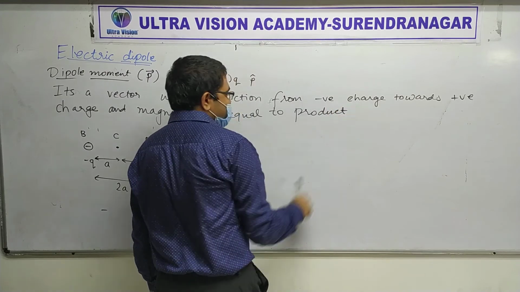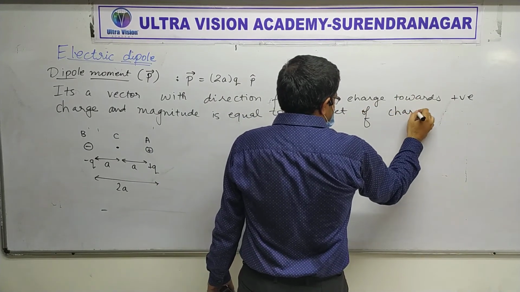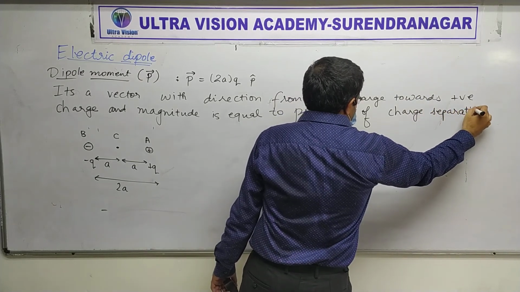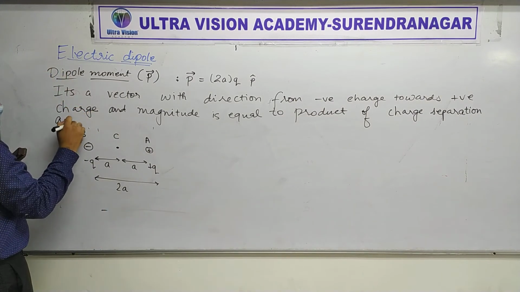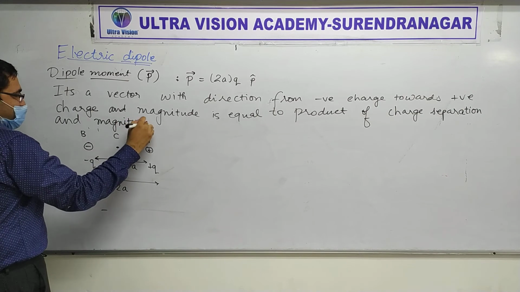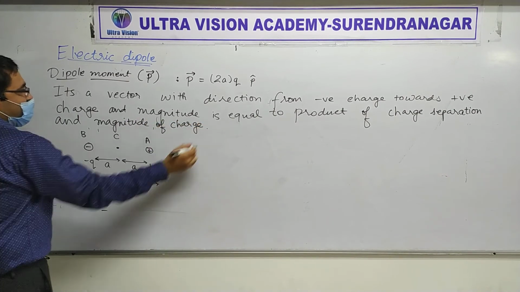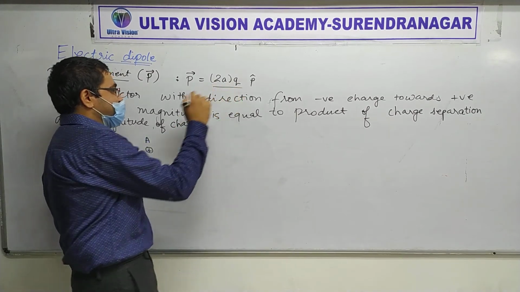Product means multiplication of charge separation and magnitude of charge. Again, it might look like a very difficult definition, but if you keep this formula in mind, it's easy to write.